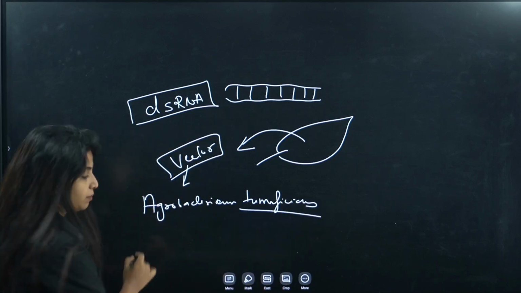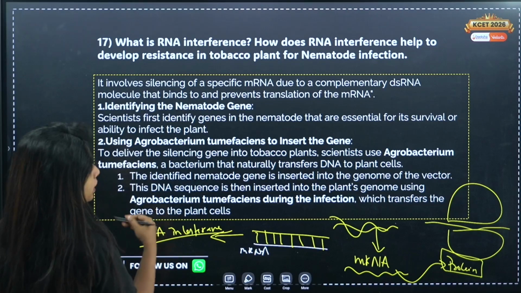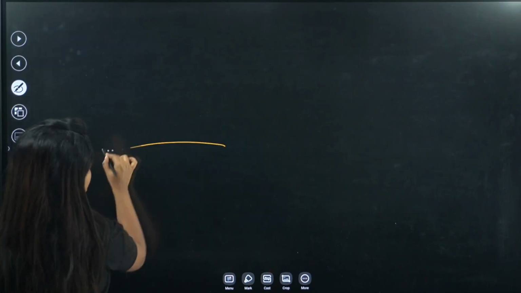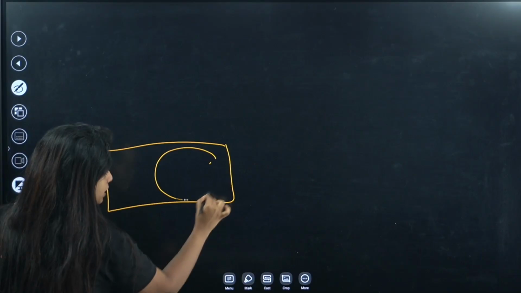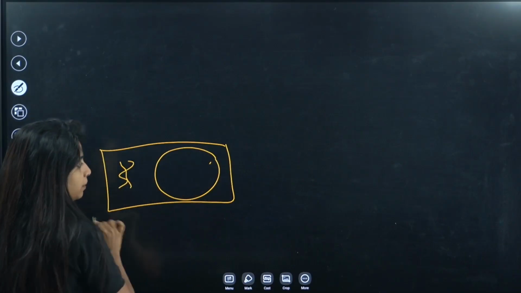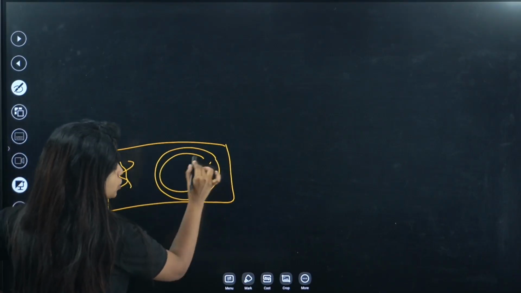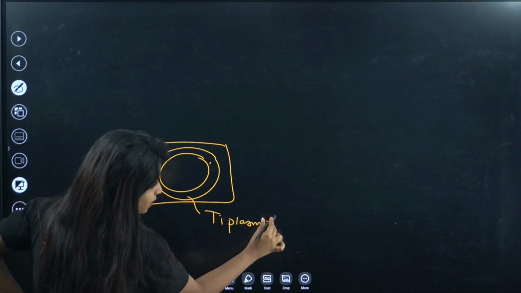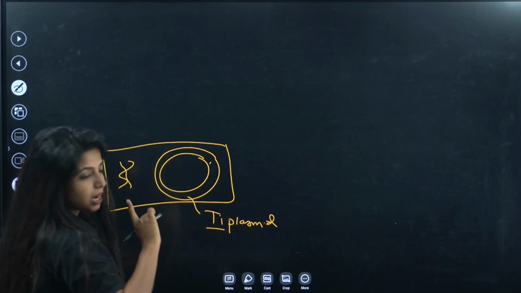Now, why this? Because Agrobacterium tumefaciens generally has a plasmid. Apart from its own genetic material, it also has a plasmid known as the Ti plasmid, tumor-inducing plasmid. Again, we discussed this in the previous chapter.